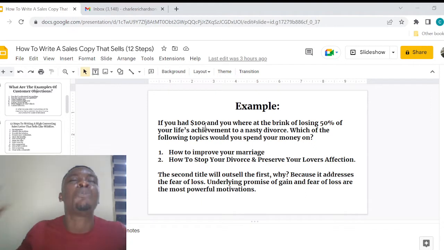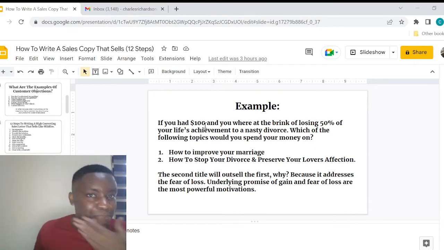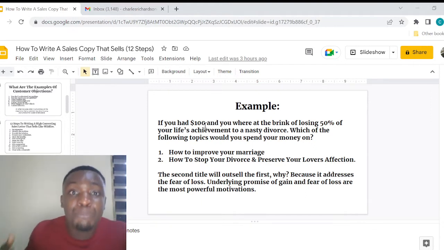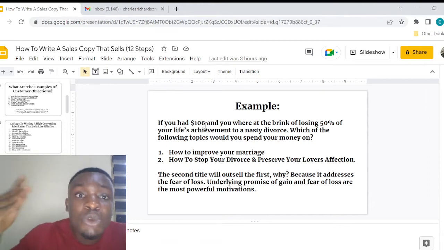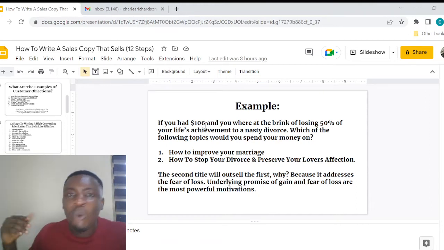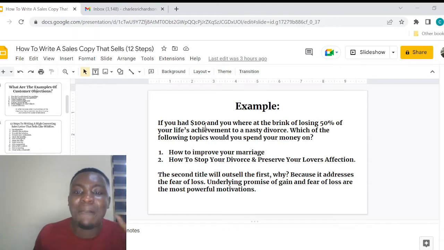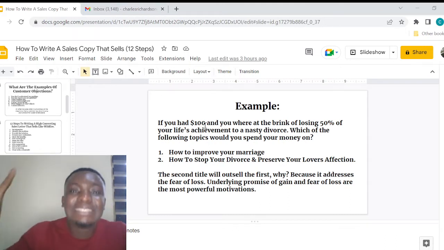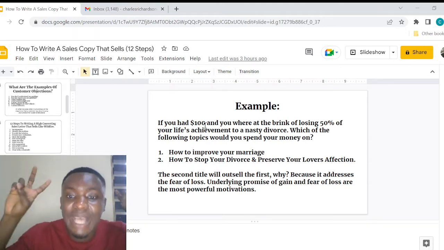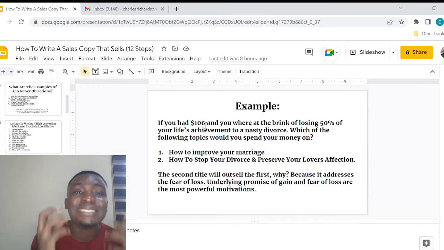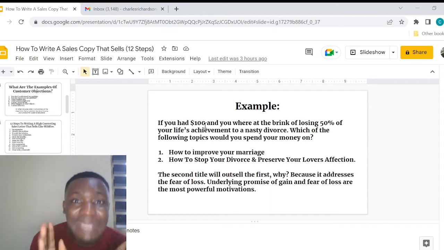Why? Because you want to preserve all your life achievements and prevent them from being taken away through a nasty divorce. So you want to prevent that divorce and preserve your lover's affection. That is what the fear of loss can do. The fear of loss is one of the strongest motivators for the human mind. So use it to your advantage.